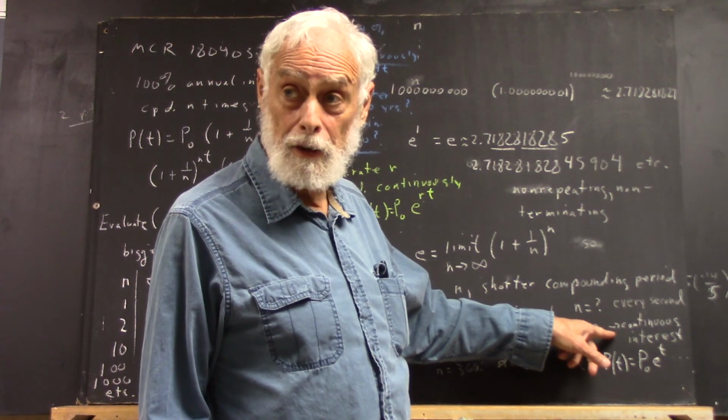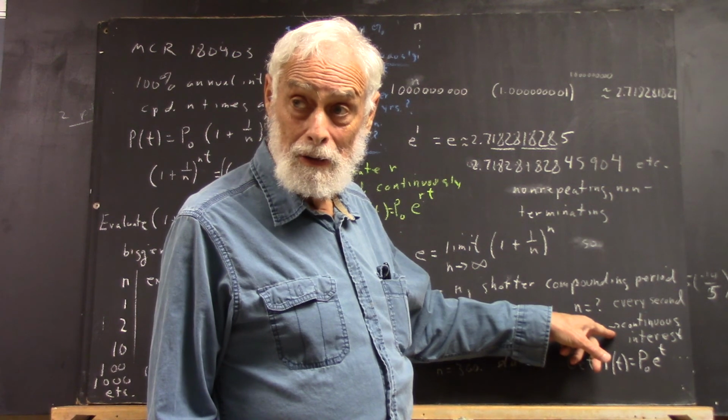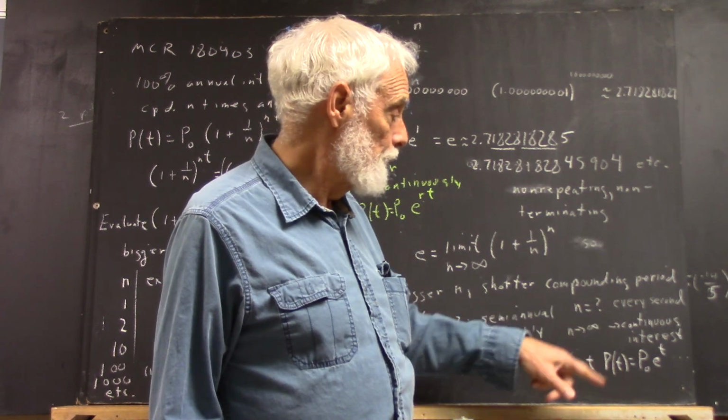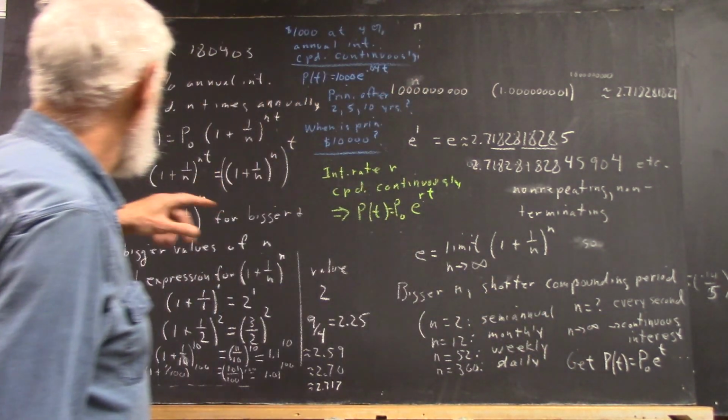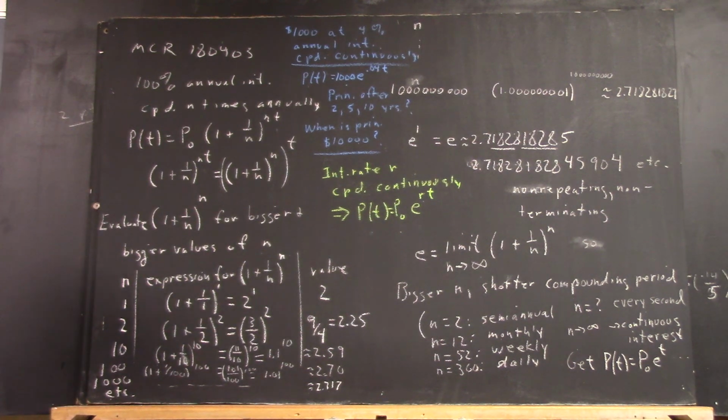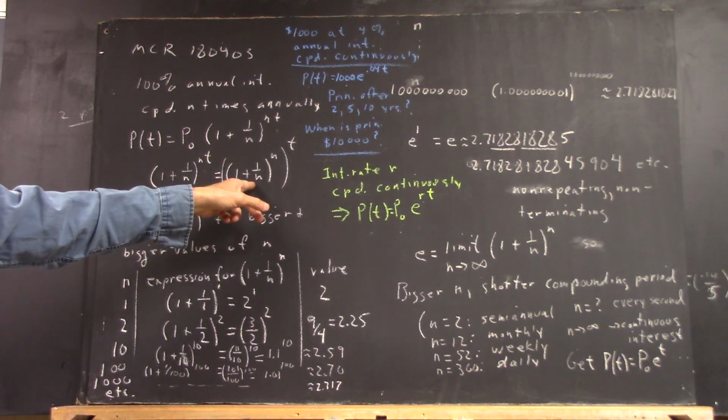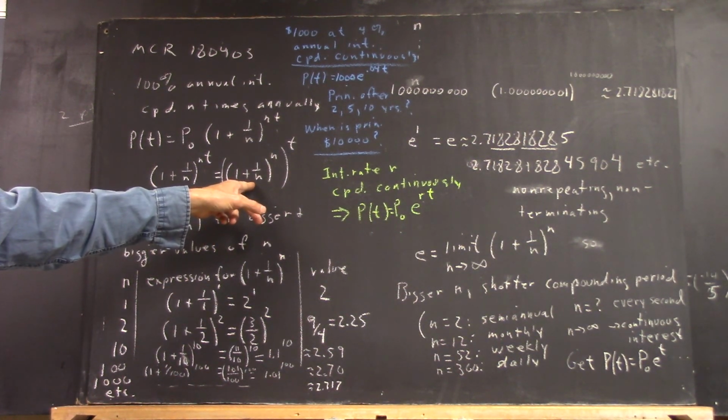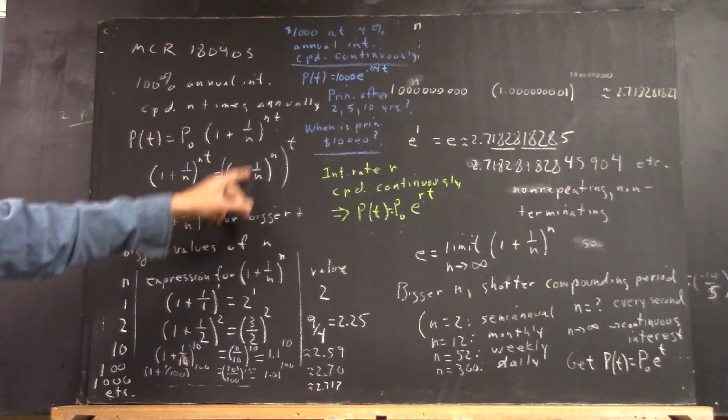It's easy to calculate continuous interest. If it's continuous, as n approaches infinity, this approaches e, right? So this expression approaches e to the t.